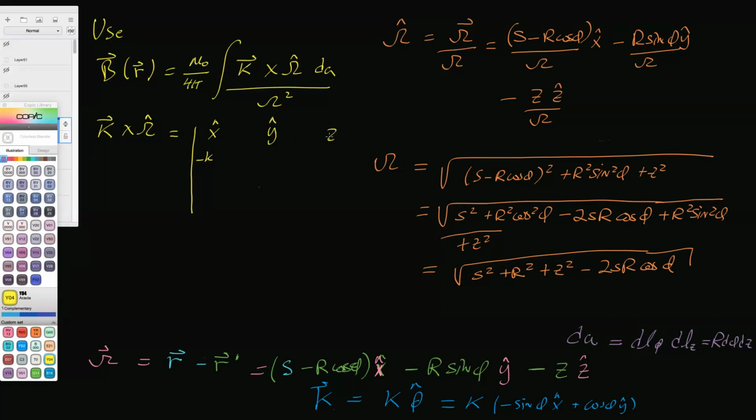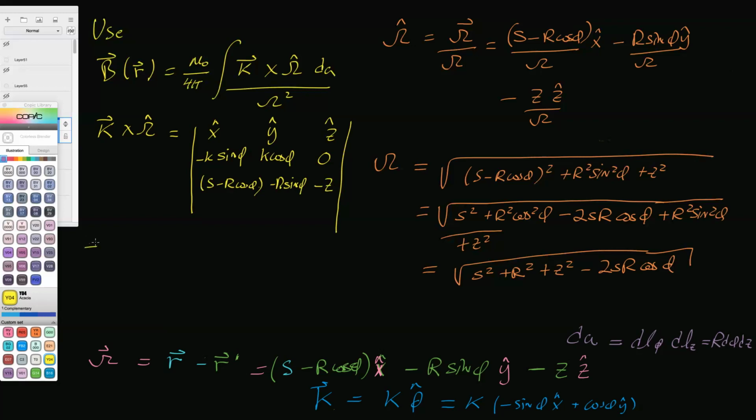And in the Y hat direction, it's K cosine phi, and it's 0. And then omega hat is in the X direction, S minus R cosine phi. And then in the Y direction, minus R sine phi, and in the Z direction, negative Z. Okay, sort of got it.